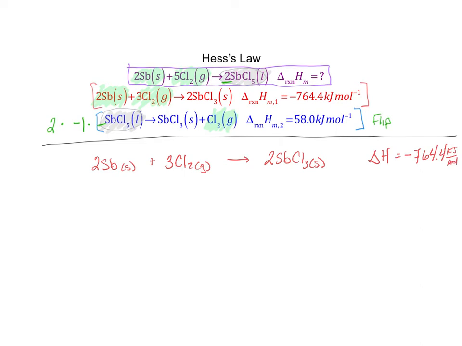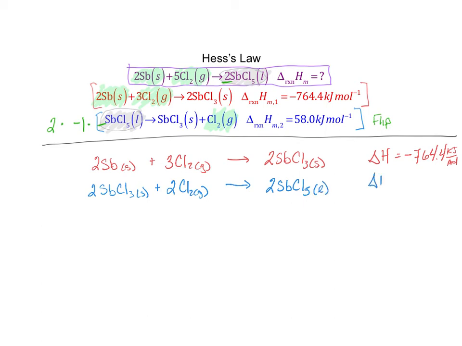Now, for this reaction, I'm going to flip it and multiply by 2. And so this means that I have 2 SbCl3 solid plus 2Cl2 gas goes to form 2SbCl5 liquid.